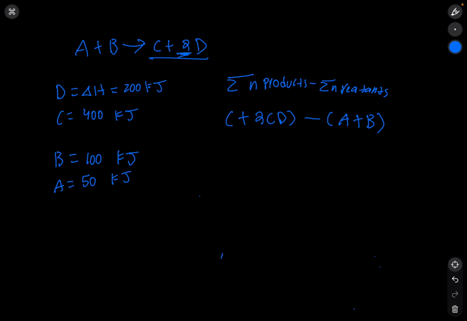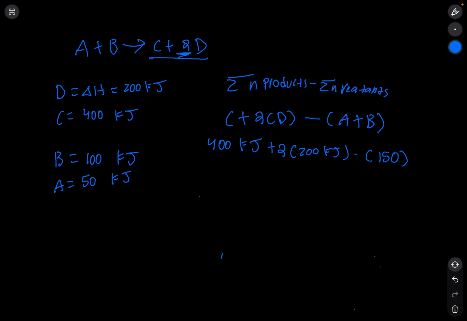Since each mole is a coefficient in front of the element, we can see that D actually has 2 moles inside. So instead of being 200 kilojoules, we write down 400 kilojoules for C plus 2 times 200 kilojoules, minus the combined enthalpy change of A plus B, and it's 100 plus 50, which is 150.